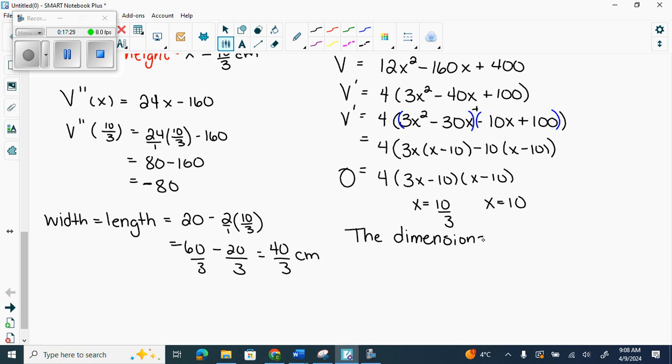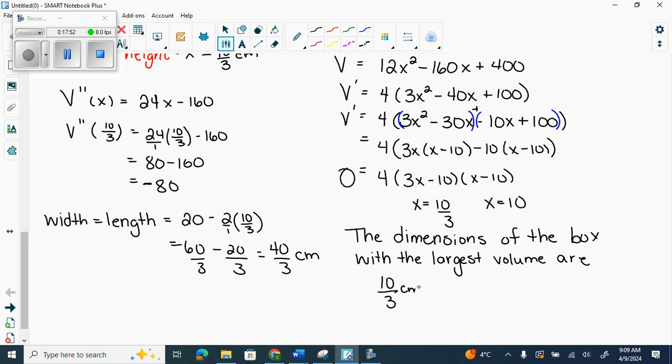The dimensions of the box with the largest volume are 10 over 3 centimeters by 40 over 3 centimeters by 40 over 3.